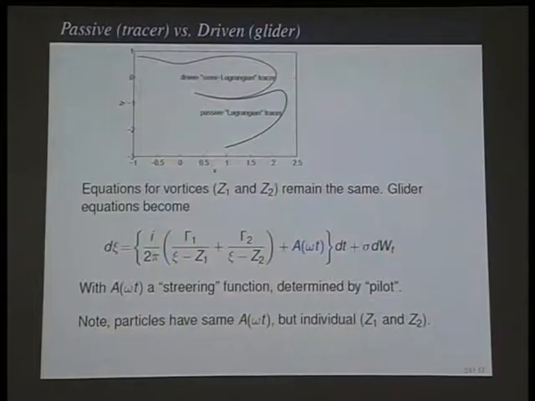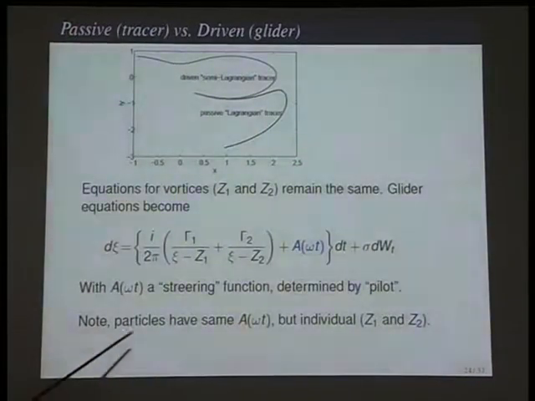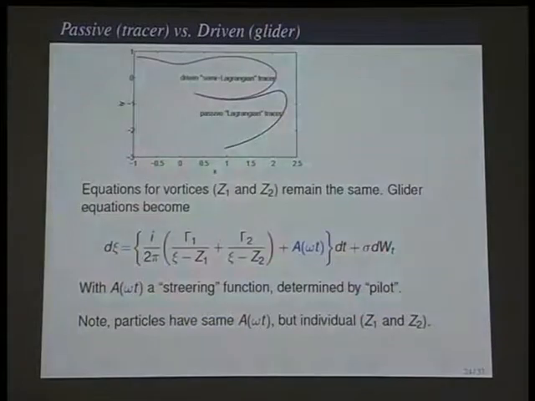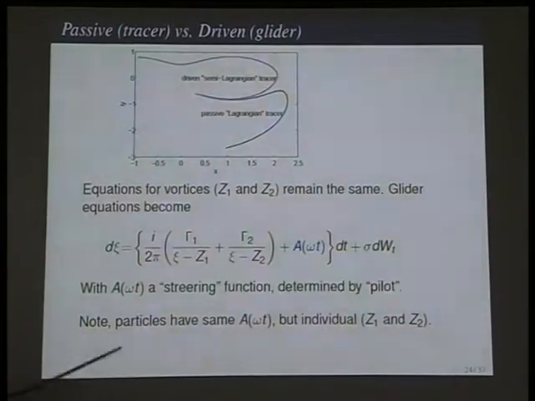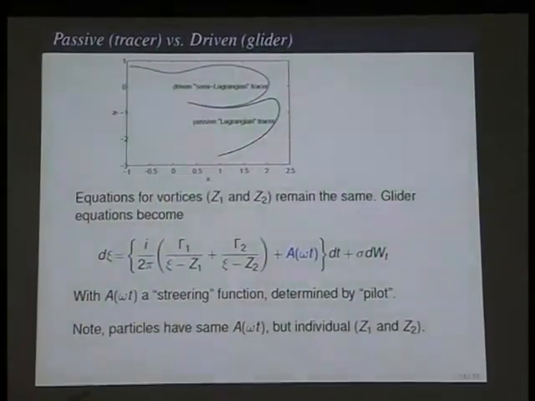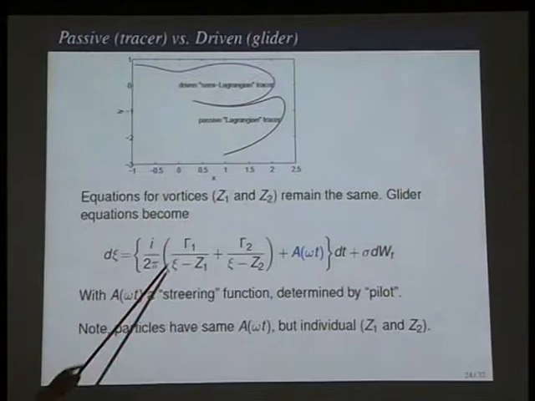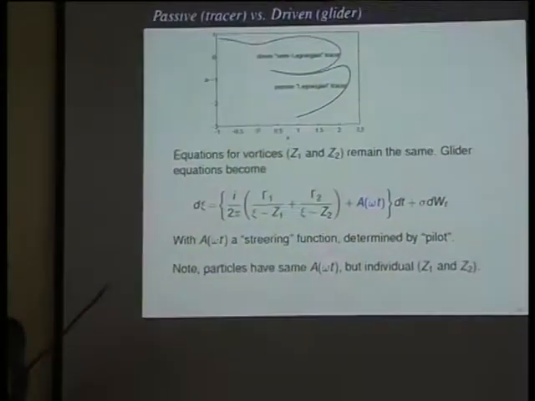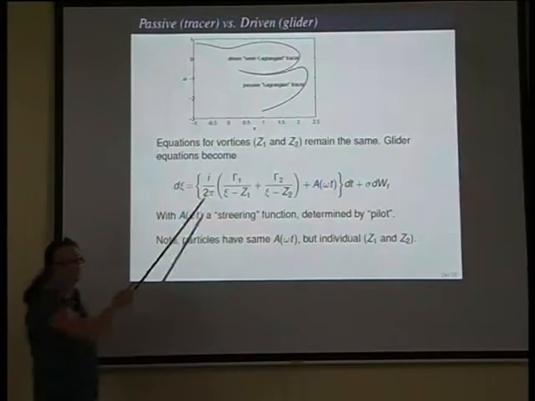Okay, and the idea here for the particle filter is that all of the particles are going to be driven in the same motion, but each of them is going to have their own estimate of the velocity field. Each particle has these vortex locations associated with it. So they're all going to be moving differently. So this A part's the same, the rest is different.